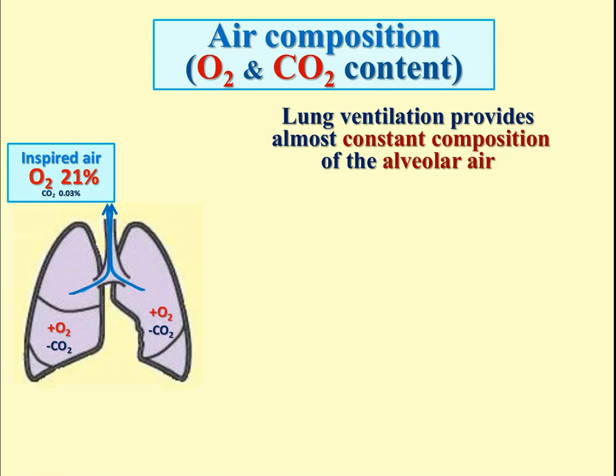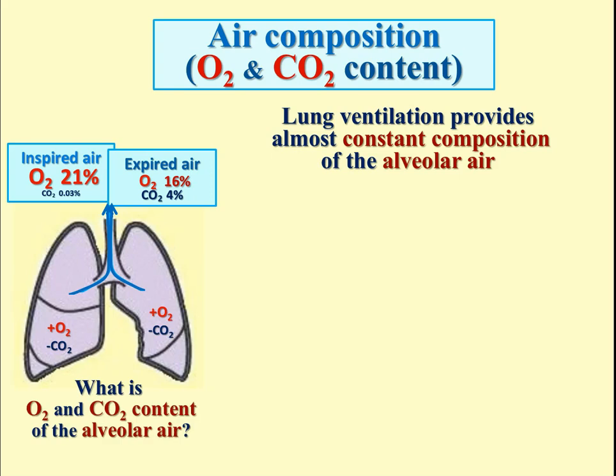The expired air, of course, differs depending on the depth of respiration intensity, but for resting state, average composition is about 16% of oxygen and about 4% of CO2. As a result, you can see oxygen is taken by the body and CO2 is released from the body.